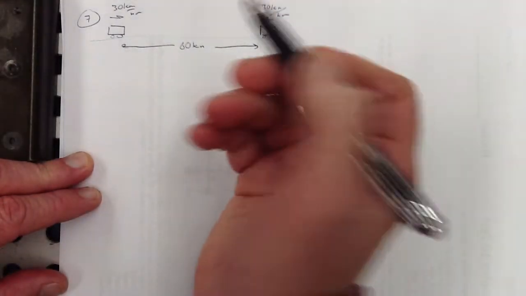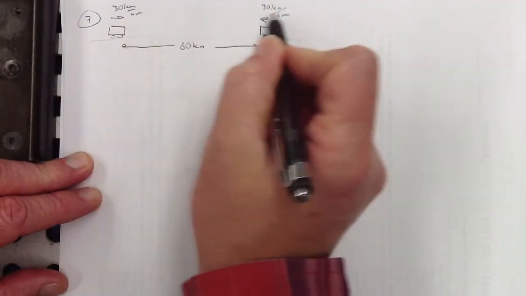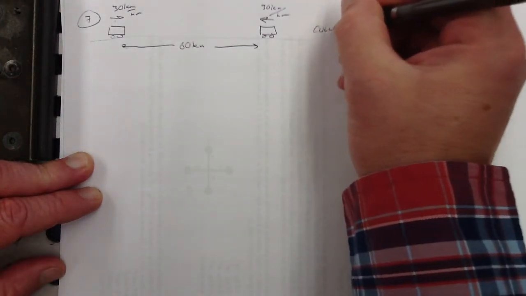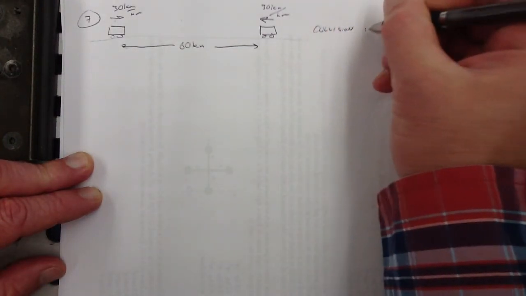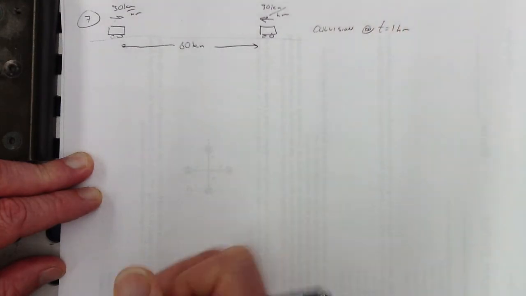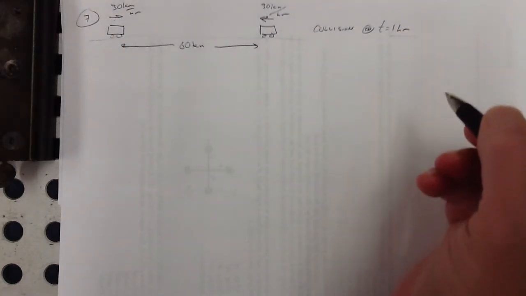Well, in 1 hour, this one's going to go 30, and this one's going to go 30, and that's the 60. So their collision is at t equals 1 hour. And once you know that, if the bird is flying 60 kilometers per hour, well, the two trains collide after 1 hour.